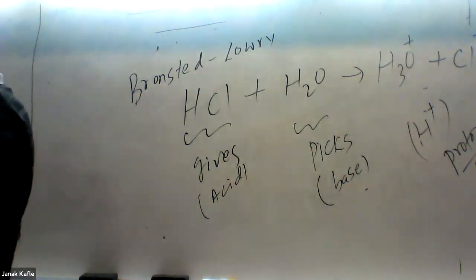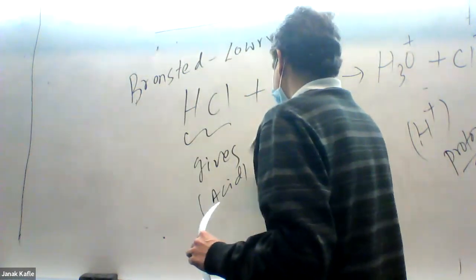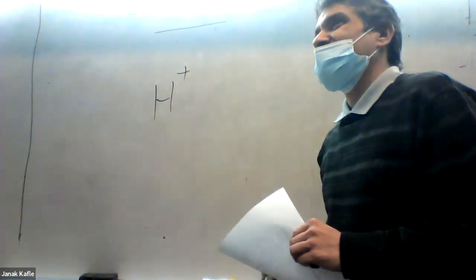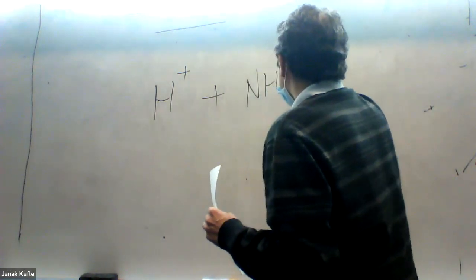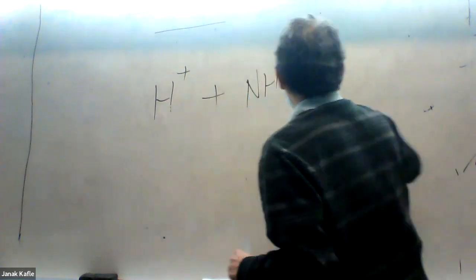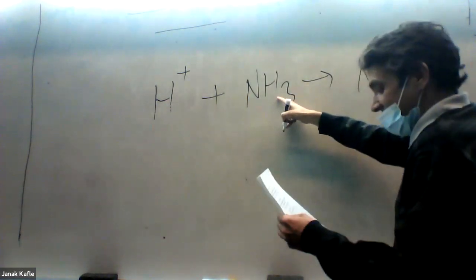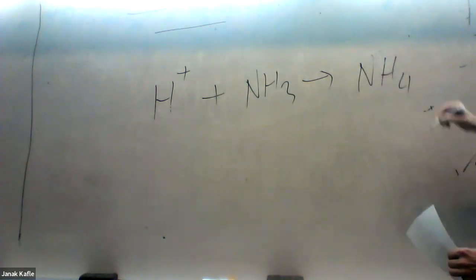In water. Now, let's write another one here. So this is acid, this is base. I'm going to write one more here. So let's write one reaction. So this is H plus. H plus means somebody gives the H plus there. So this is already acid there. Now there is a NH3. So this is ammonia. This is going to pick this H plus. So there is already NH3, now this comes and sits with this one and it becomes NH4 plus like that.